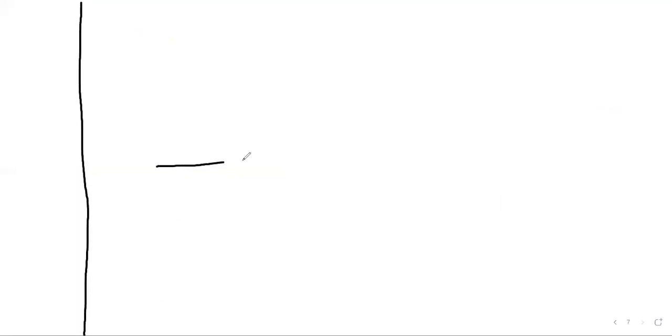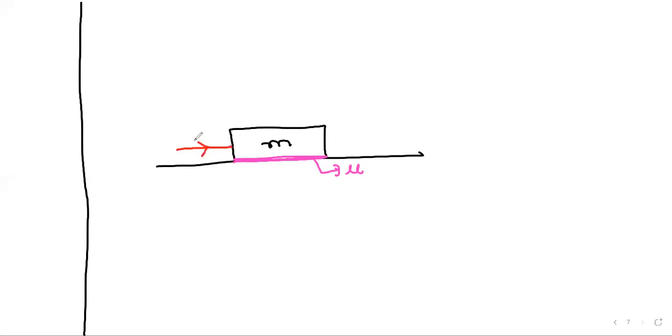On a horizontal surface, an object of mass m is placed. The surface has a coefficient of friction mu. Whenever I apply a force, a frictional force will act on the object.